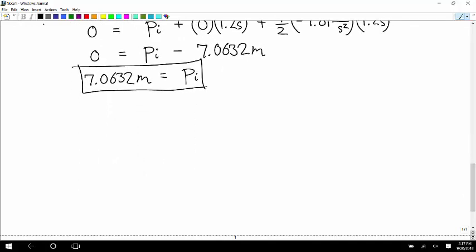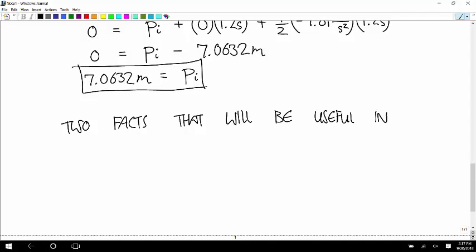Before we get into more of these example problems, let me give you two facts that will be really useful in free fall problems. The first one is the one that came up in this problem.